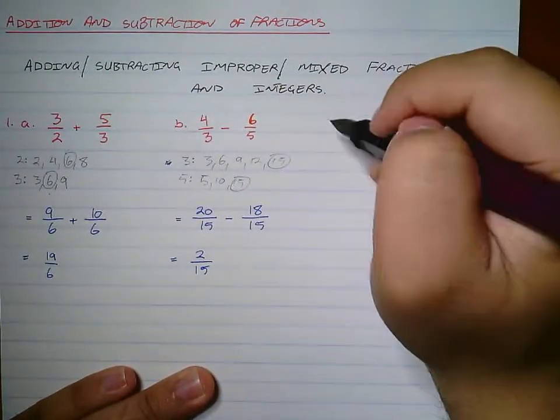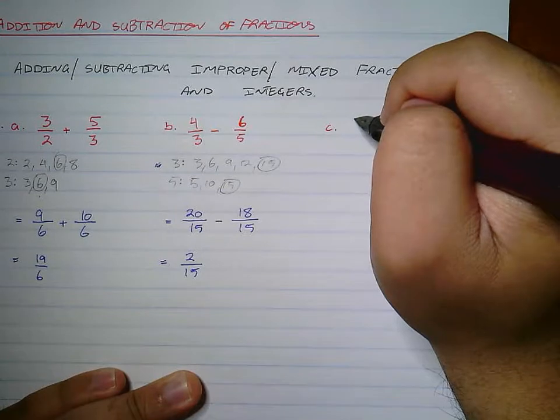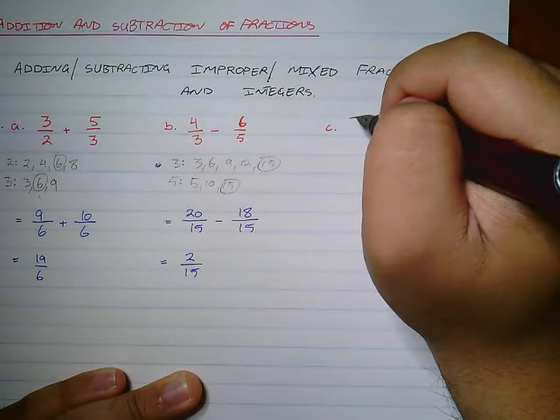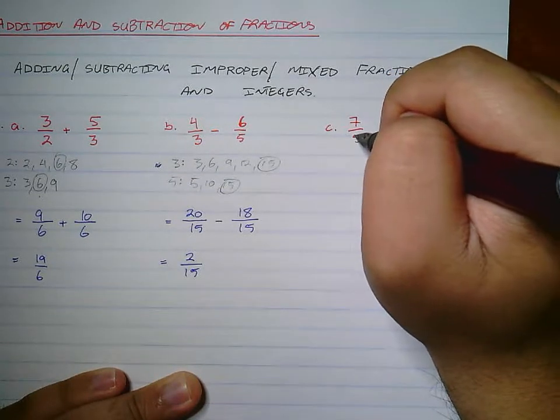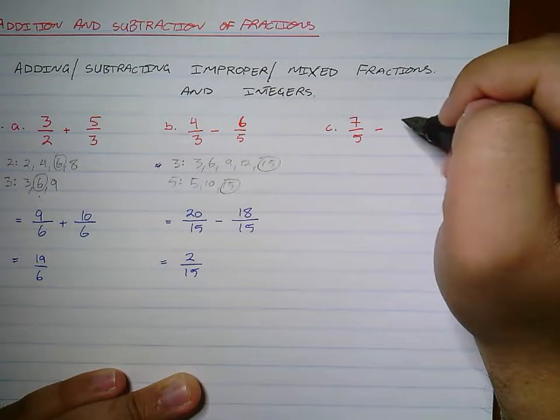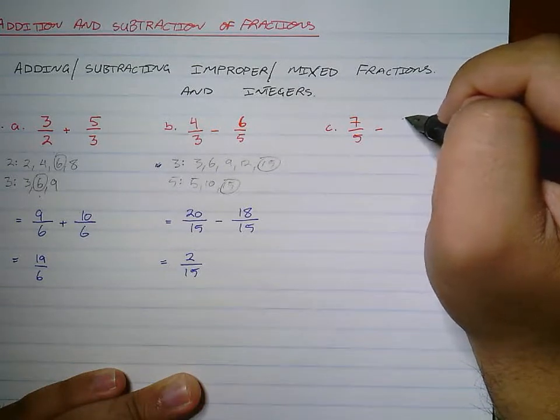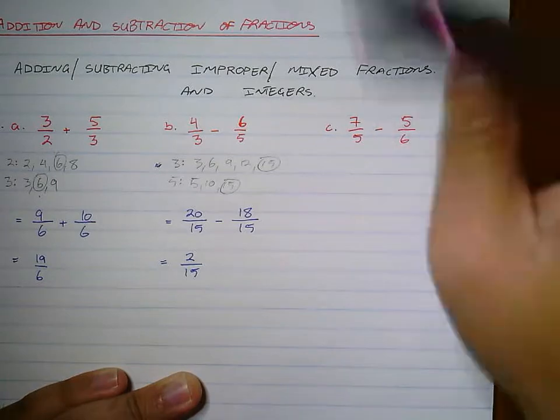One more example. Let's take a look at example C. Let's have another improper fraction, 7/5 subtracted by a regular fraction, 5/6.